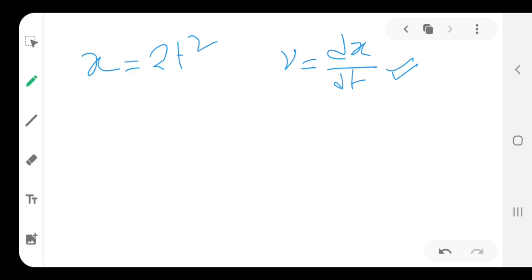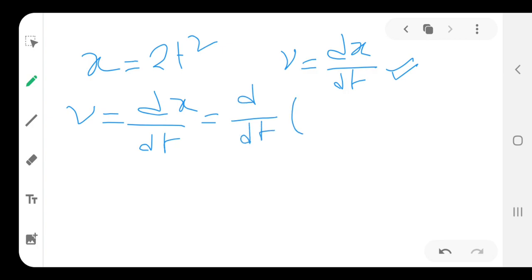Now my v will be d/dt of x, so it is d/dt of 2t square, okay. 2 is a constant, it can come out because it is not varying. So ultimately 2 into d/dt of t square.